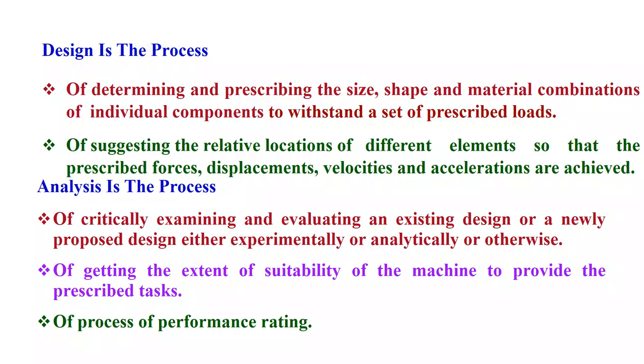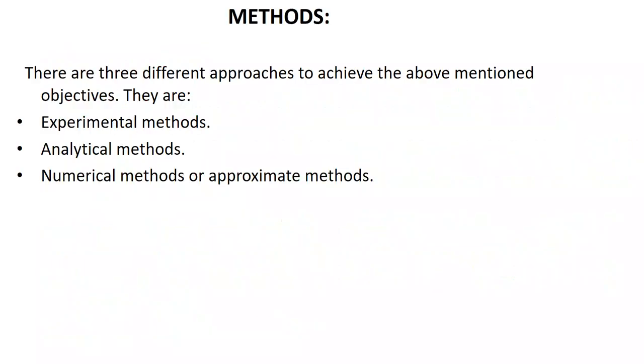In general, methods of solving engineering problems can be classified into three types. One is the experimental method. In this, we make objects, apply loads, and find the deformations, structural failure, stress, or vibrations, in an experimental manner.